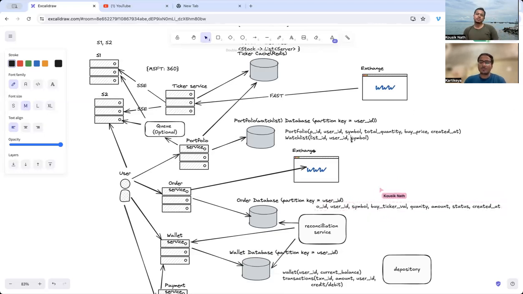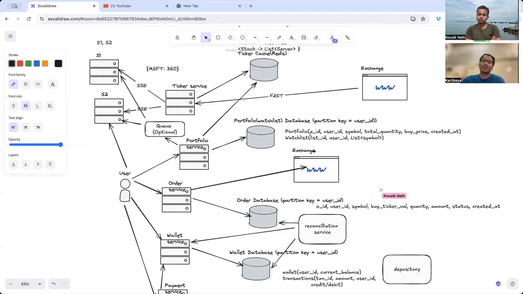In the watch list, according to this schema, if I have 10 stocks in my watch list, then 10 entries will be created. We actually don't need to do that. We can just put the whole list of symbols here, because from the client side we can update the whole watch list at once.